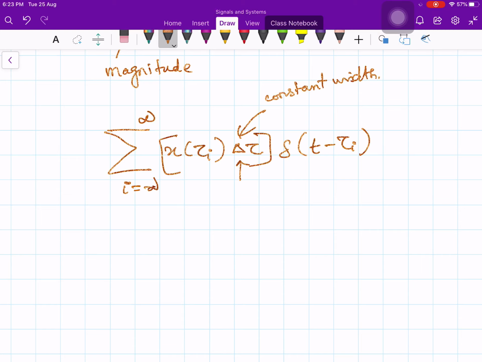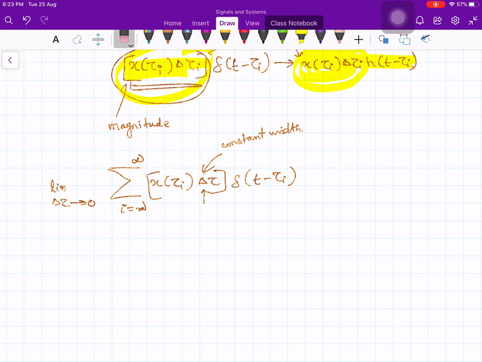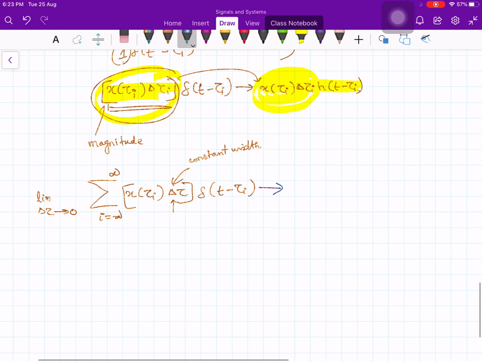Now what you do is, you make this delta tau limit go to 0. If it goes to 0, then you will get a more approximated result. Then this gives rise to the same magnitude, but this delta of t minus tau i becomes h of t minus tau i.